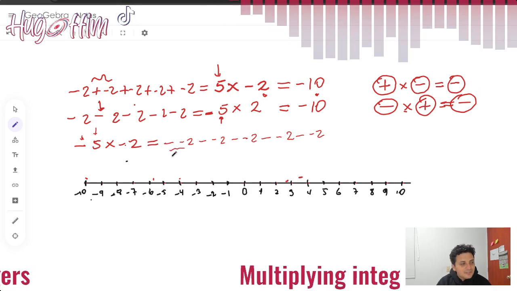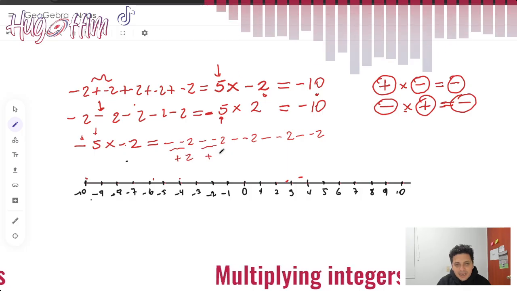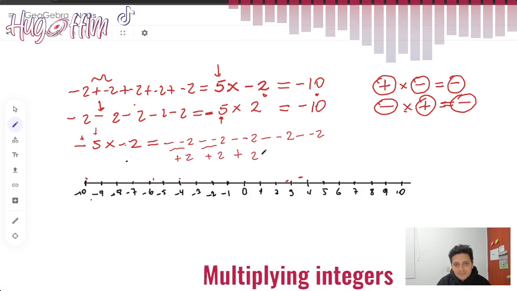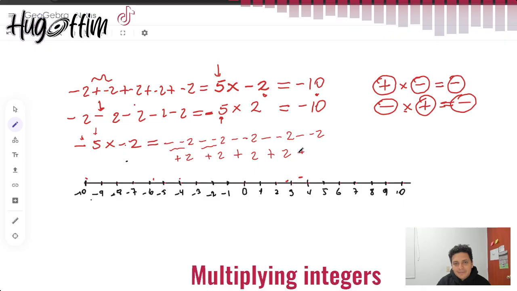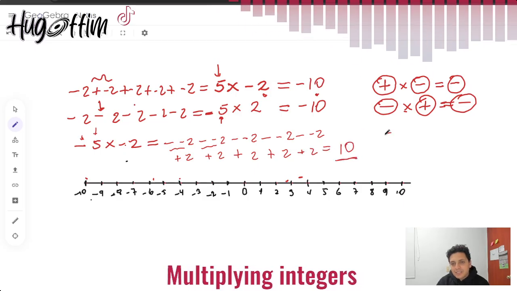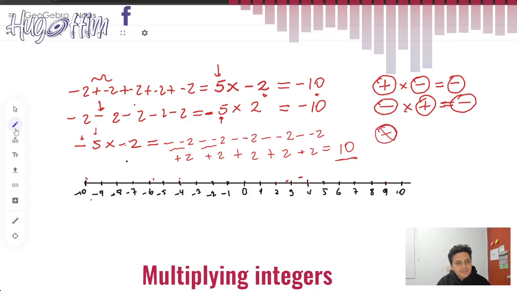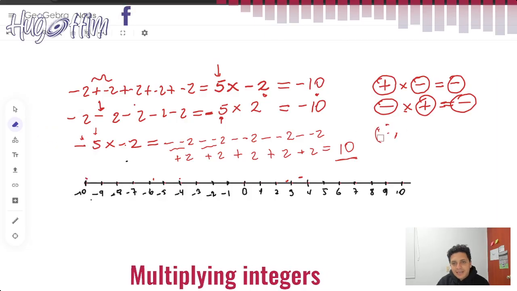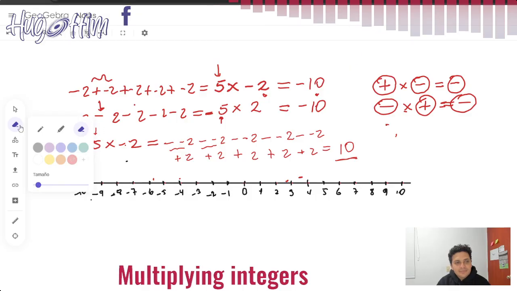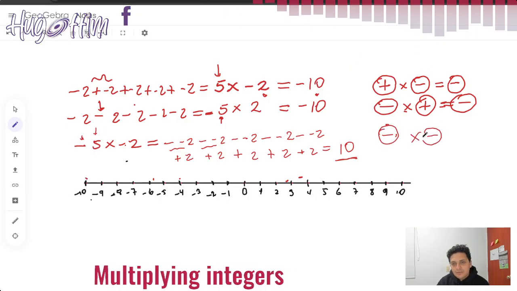Subtracting the negative is the same as adding the positive. Subtracting the negative, adding the positive. And what I got is +10. So it means that negative times negative becomes positive.